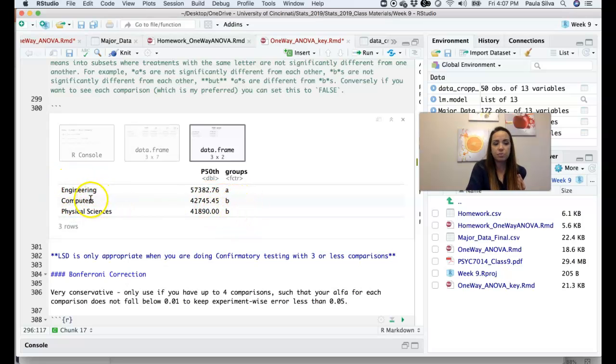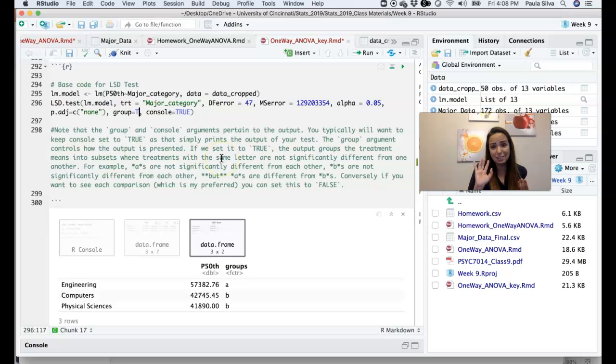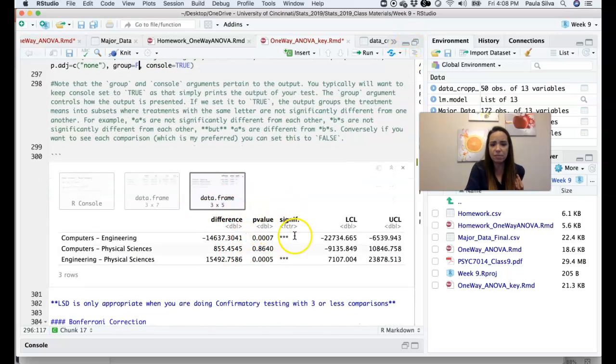And engineering is different from computer science, statistically different, because A and B are different. And engineering is different from physical science because A and B are different. I just find this a little bit confusing, so I prefer to just leave group fixed at F. It has the simplest output that you can quickly look at, get the p-value, get the confidence intervals, all that you need.